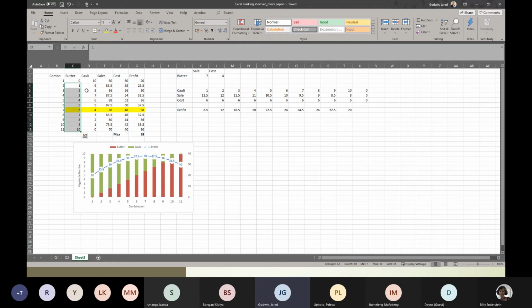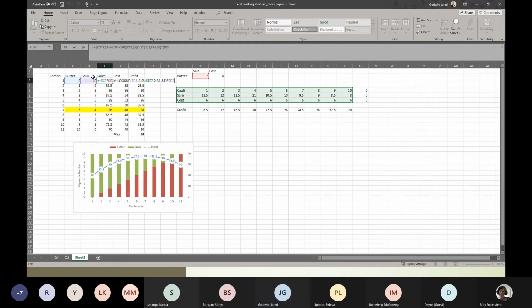But as this changes in increments of 1, this must be reducing in increments of 1, so that these two always add up to 10. I think we all understand that. But the sales price for any combination is made up of the product of your butternut number times your butternut sales price, plus your cauliflower number times the cauliflower sales price.